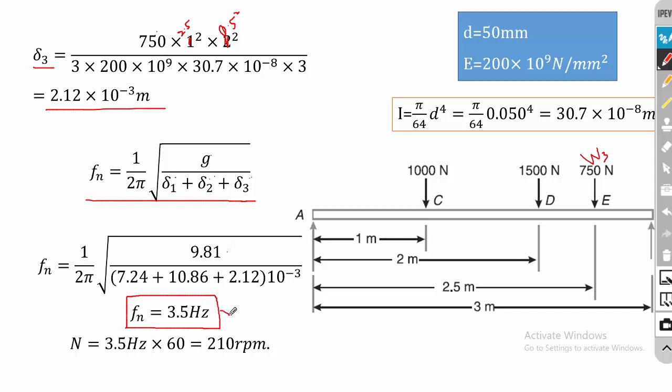Actually hertz means it is revolutions per second. So to convert this revolutions per second into a speed, that is critical speed, I have multiplied by 60. So 3.5 hertz into 60, that is equal to 210 rpm. So this is the critical speed of this shaft. Okay, so you should not run this shaft at this 210 rpm.